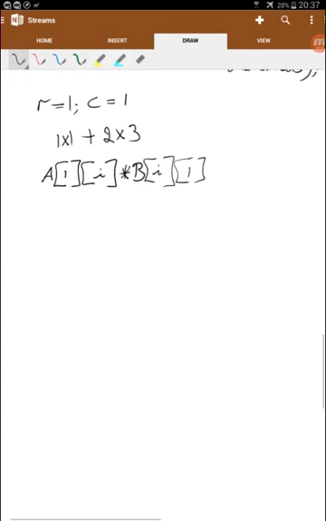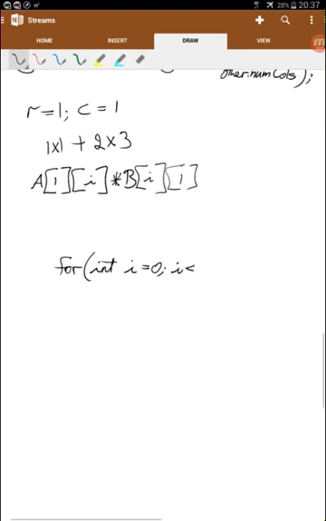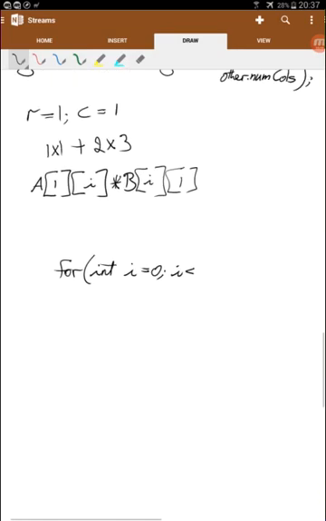So we can say for I equals 0 and I is less than the number of columns in A or the number of rows in B, which should be the same, I plus plus.